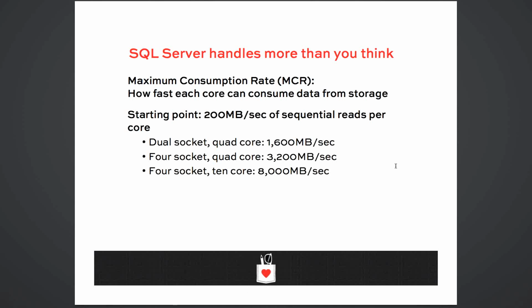The starting point, the bare minimum that we should ever consider, is 200 megabytes per second per core of data. But often, when I'm dealing with storage benchmarking, we're only able to get 200, 400, 600 megabytes per second of data out of our storage.